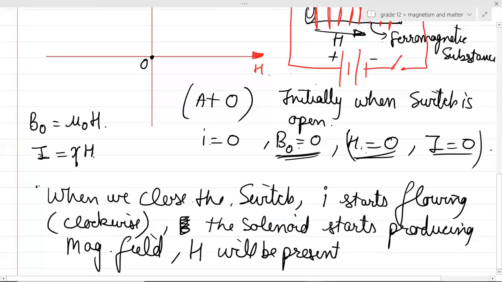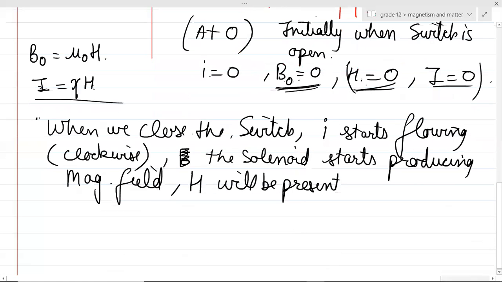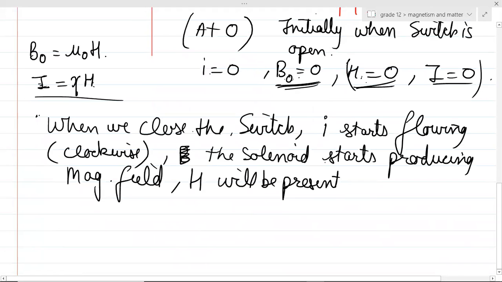Now what will happen to this H? We know I is equal to chi times H. This linear relation follows when the substance is paramagnetic. I and H vary linearly only when the substance is paramagnetic. If it's a ferromagnetic substance, which we are talking about now, then this is not directly proportional.